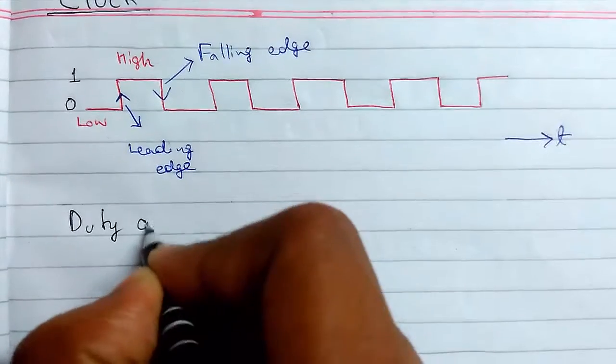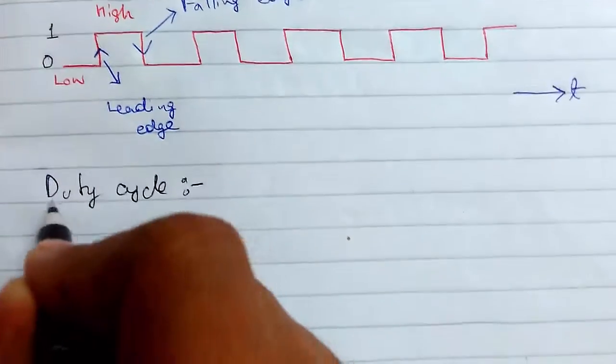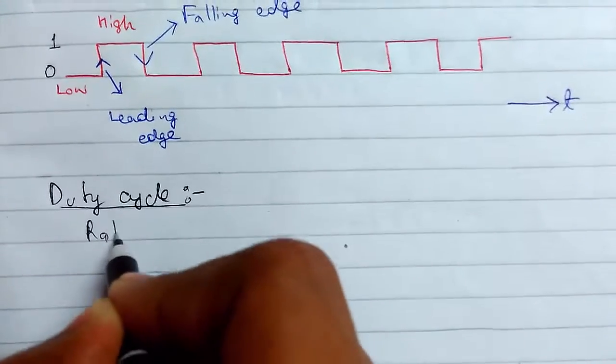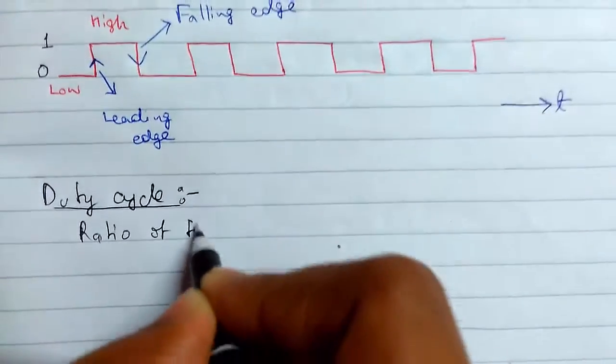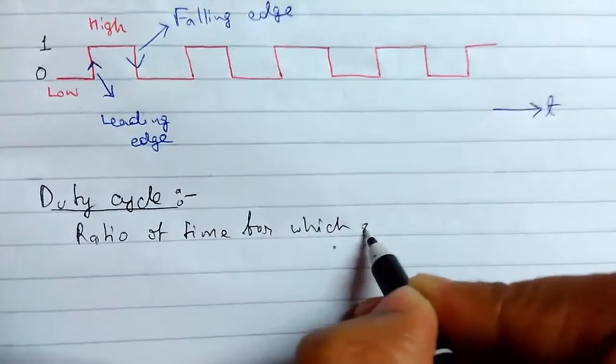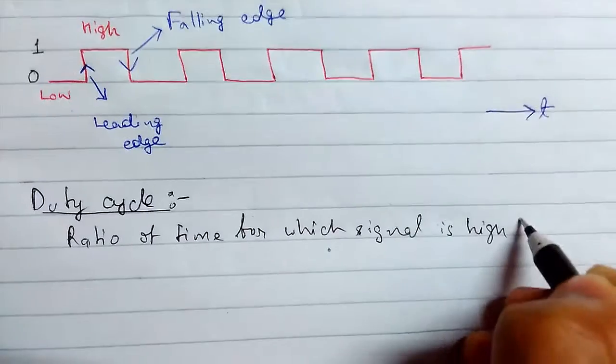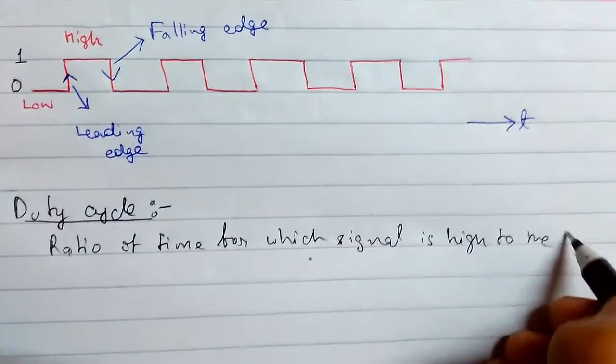Duty cycle is a ratio. I read the definition: the ratio of the time for which the signal is high to the total time.